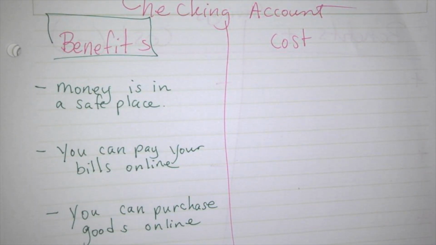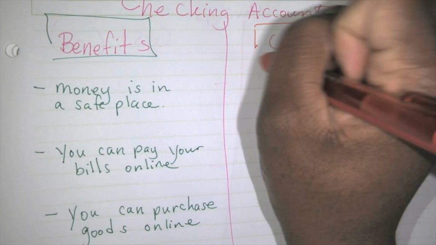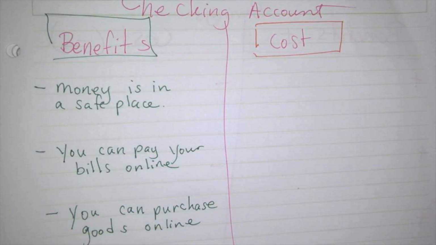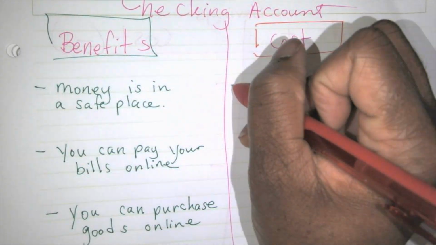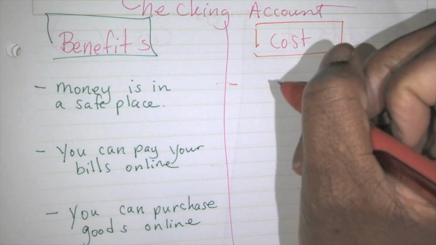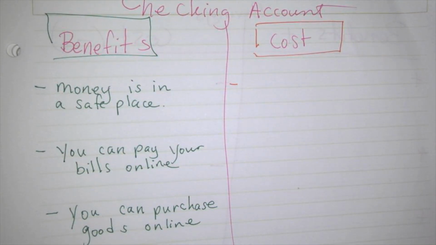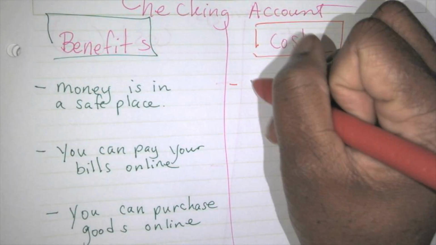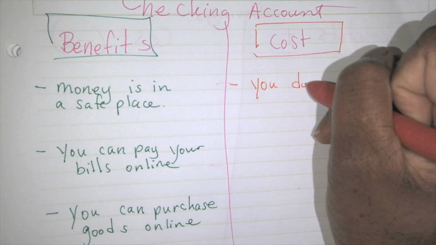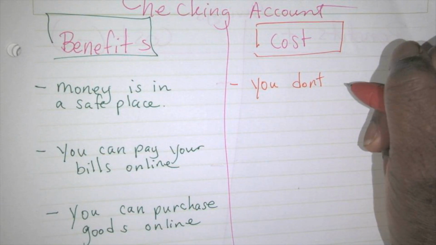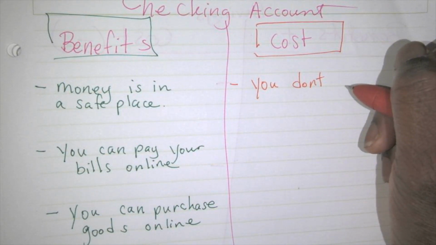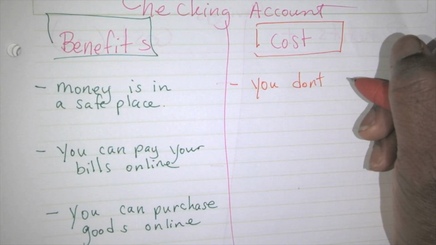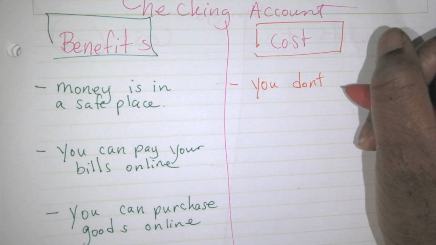So now we want to think about the costs. What are some problems? What are some bad things? What are some disadvantages of having a checking account? One that comes quickly to mind is you don't have cash with you on hand. So if you're going somewhere that has cash only and doesn't take credit cards, then you have to make sure you have cash with you.